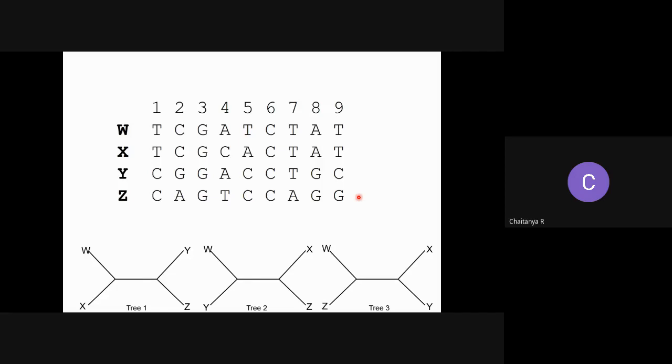So the way I see it, you need at least 11 changes for this data set. So it's 11 for tree 1, 13 for both tree 2 and tree 3. So your most parsimonious tree is therefore tree 2, right? Roy, please.